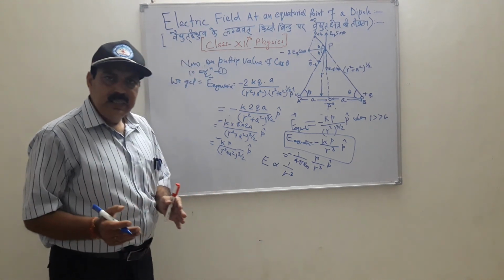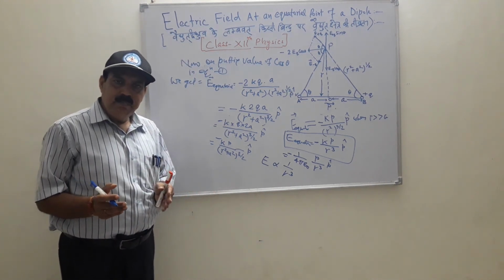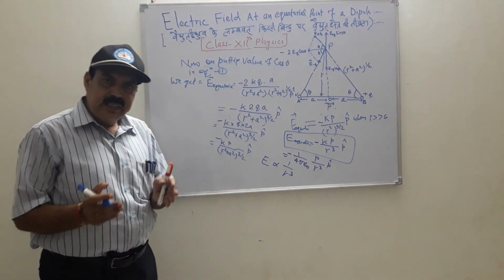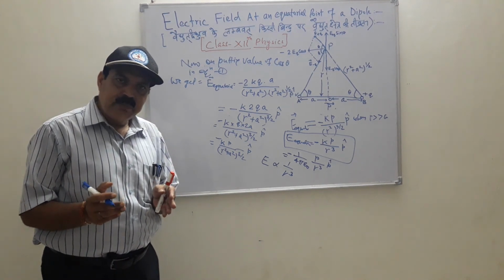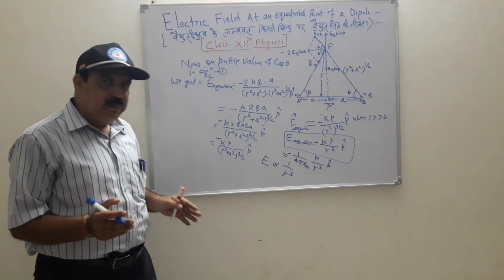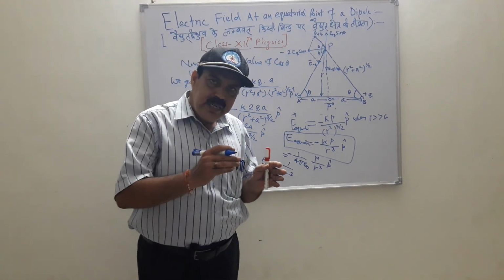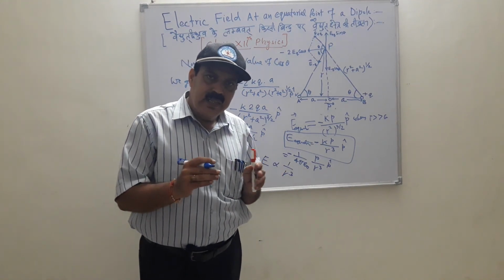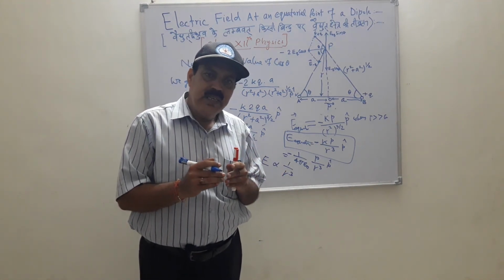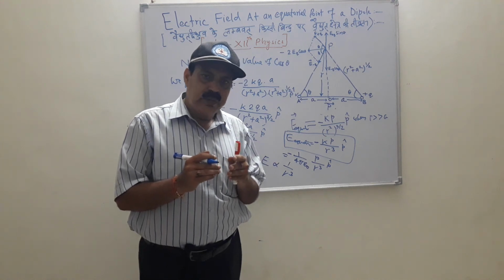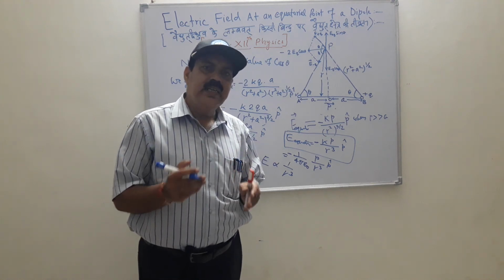It varies as the inverse of the third power of distance, which means it decreases rapidly as we go away from the center of the dipole.